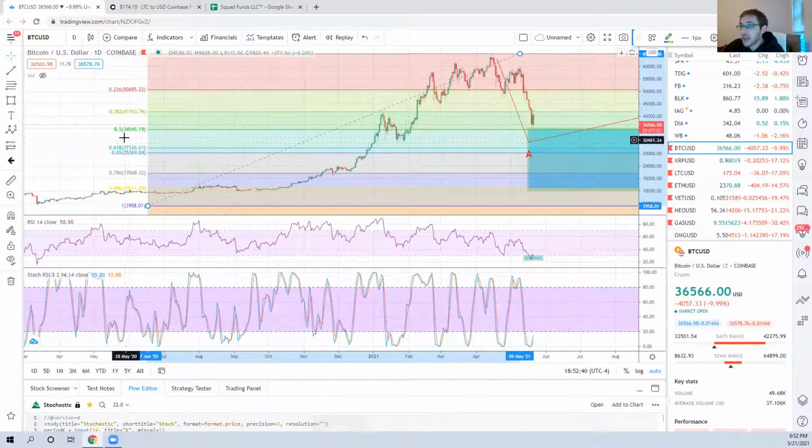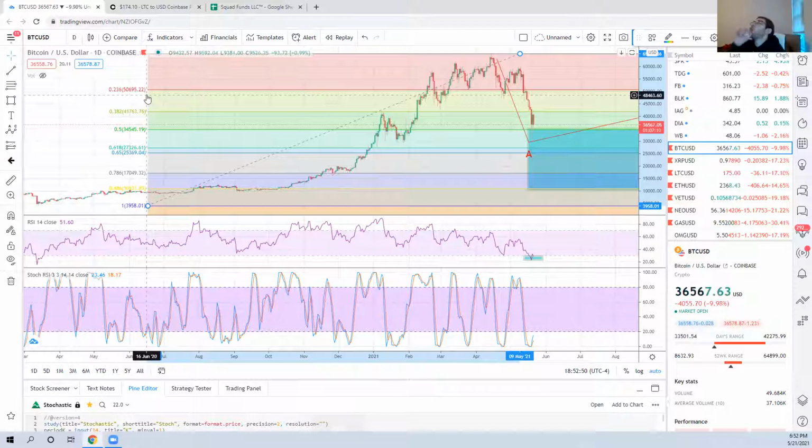With that said, these Fibonacci levels are just good ways to know where we're at in the retracement, and they're good levels.